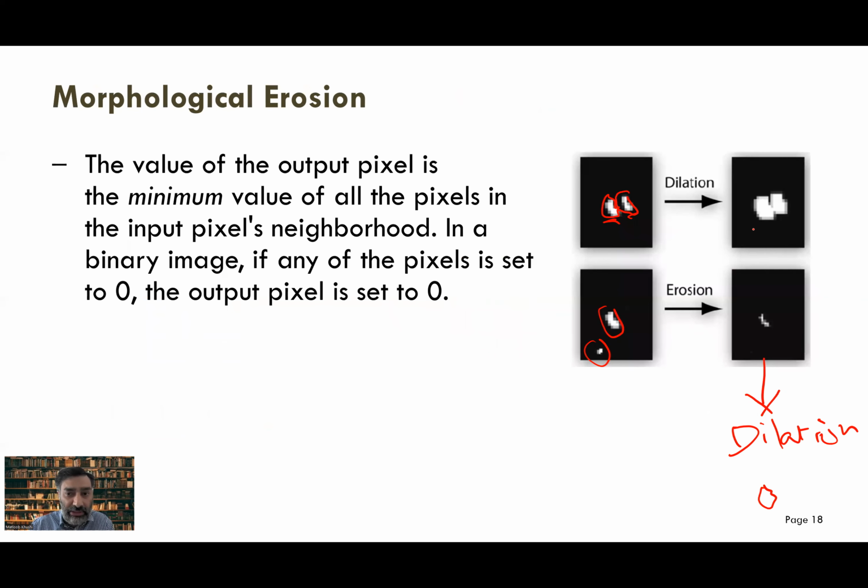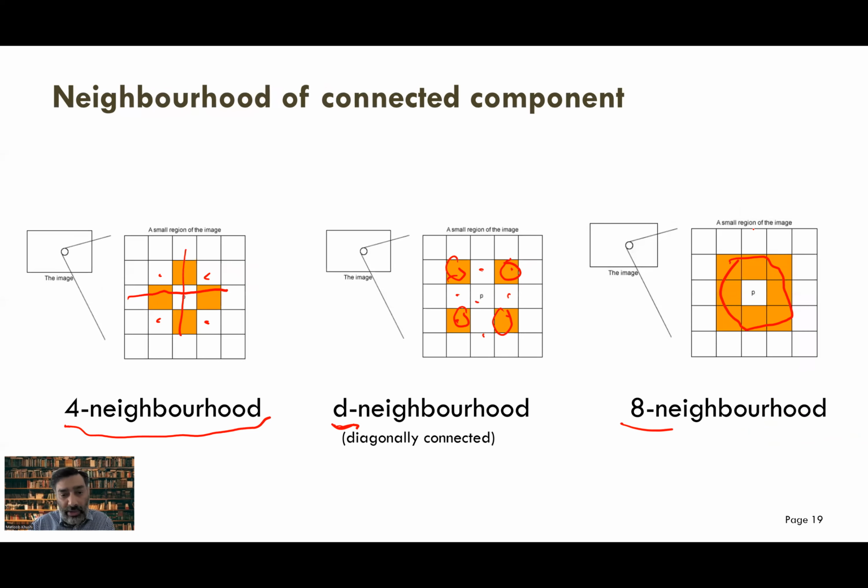Because when we're doing dilation and erosion, in both of these cases, we need to define the neighborhood, whether we're going to just dilate horizontally, vertically, or just diagonally, or in all directions. So both of these operations require you to define your neighborhood. And these are the three ways by which you can define your neighborhood, right? Usually we go by 8 neighborhood, but that depends on the application.